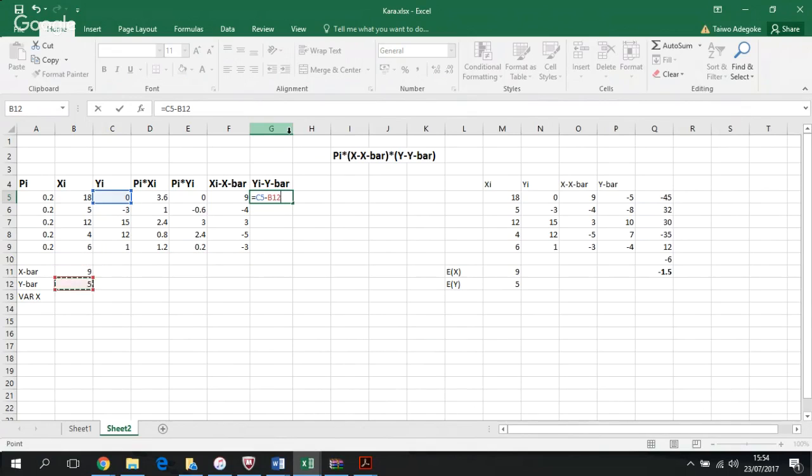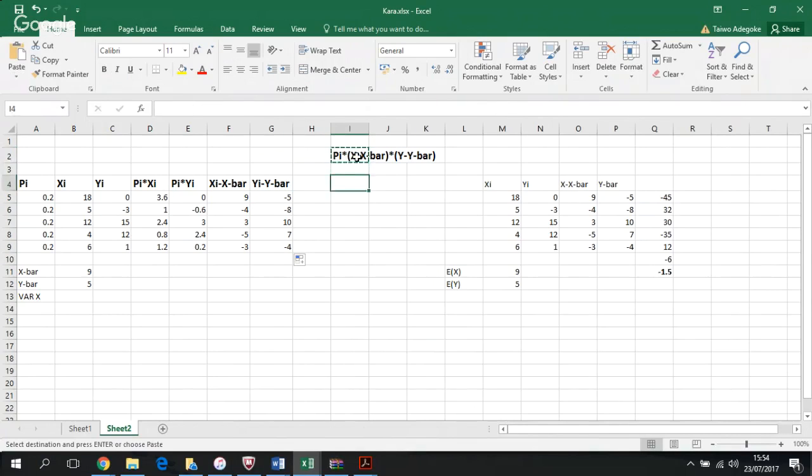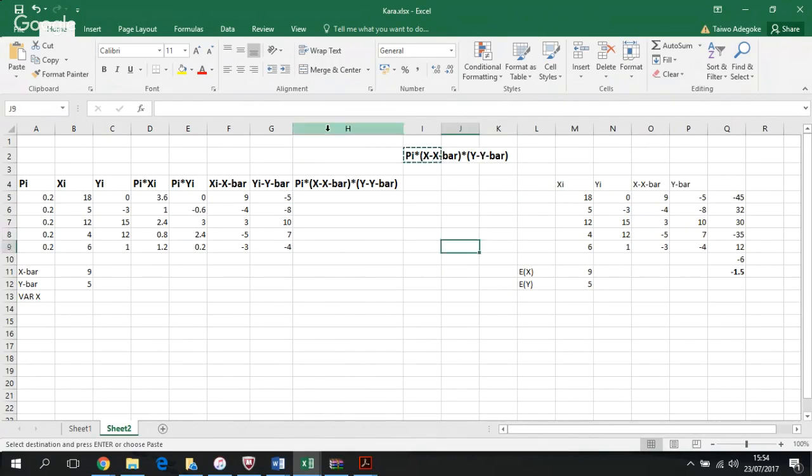This is the y bar here. Same thing as beside, the same guy, F4. Drag it down. In a lot of problems, probability is not given. Generally, probability is not given, so we are here. Let me just put it here so you can see it properly.